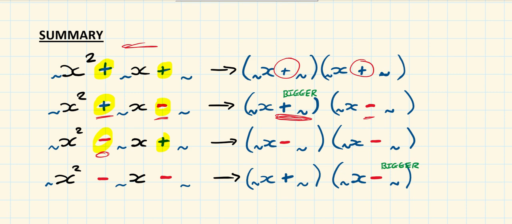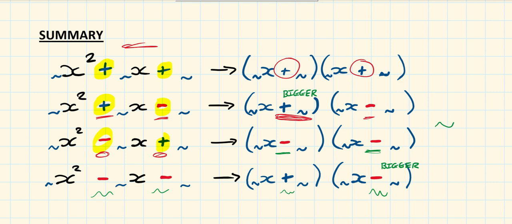If you have a negative in the middle and a positive at the end, that means you need to multiply a double negative to get your positive at the end, so they're both negative. And if you have 2 negatives, then you're going to have a positive, but then the bigger one is going to be negative. What I mean by squiggly line is just some number.